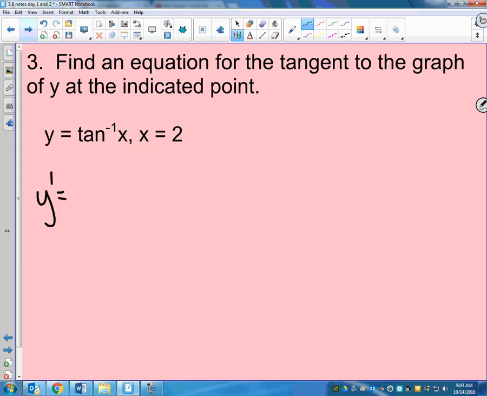X. So what's u prime? 1. So it's 1 over 1 plus x squared. Yes. And if I'm finding the equation of the tangent line, I need the derivative at that point. So then I'm just going to plug in 2 there, and I get 1/5.